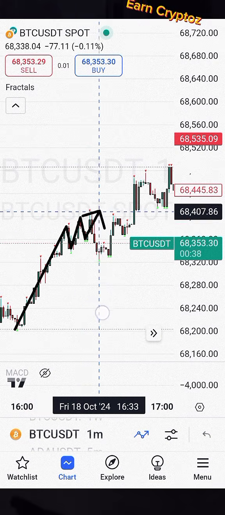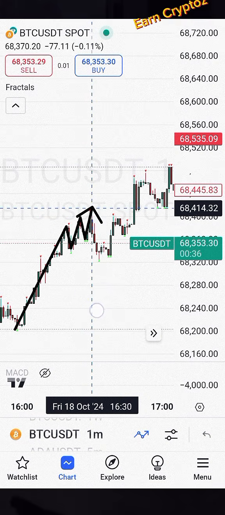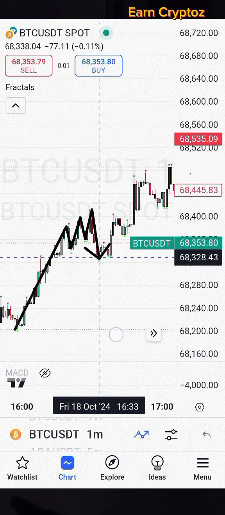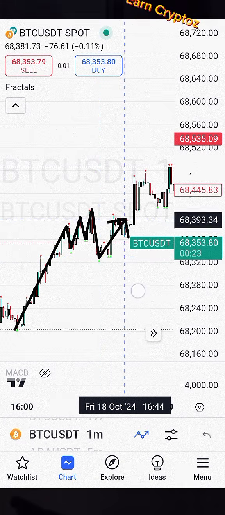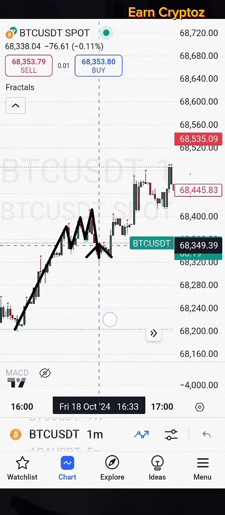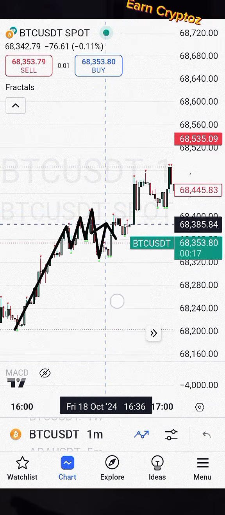Okay, so as you can see, this is an uptrend. So you can see the impulsive move, and there is the correction. And we have a start of another impulsive move.